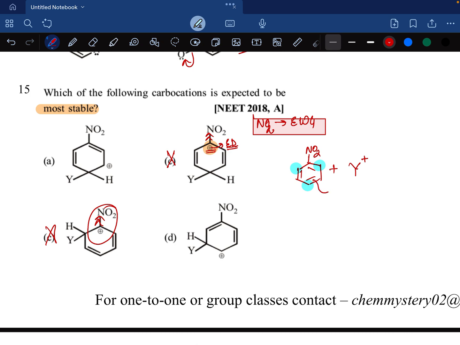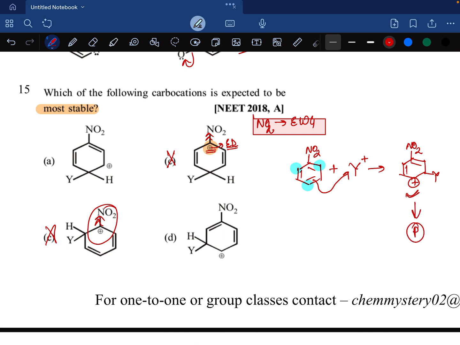So obviously, whenever the electron density is pulling the electrophile towards itself, what are we getting? The electrophile gets attached and the carbocation is formed here. This will be a relatively more stable carbocation as it gives further product formation.